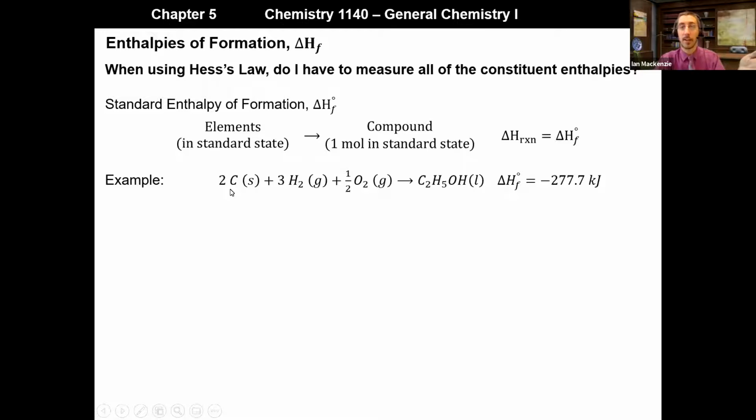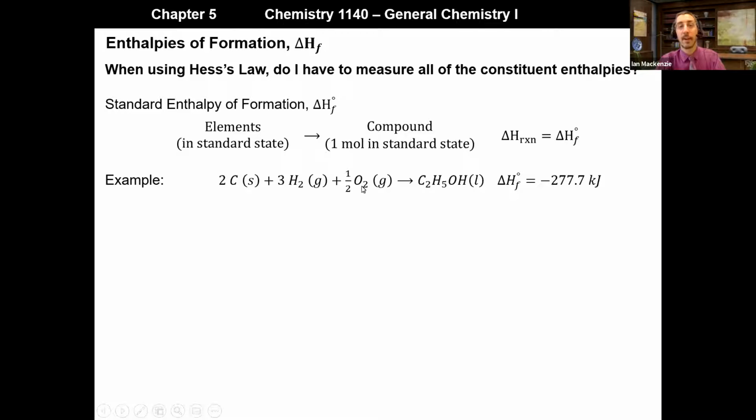So carbon as an element is a solid. Hydrogen in its elemental form is a diatomic gas. Oxygen in its elemental form is a diatomic gas as well. And we have just 1 mole of this.